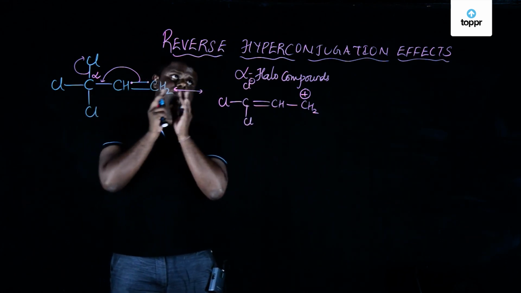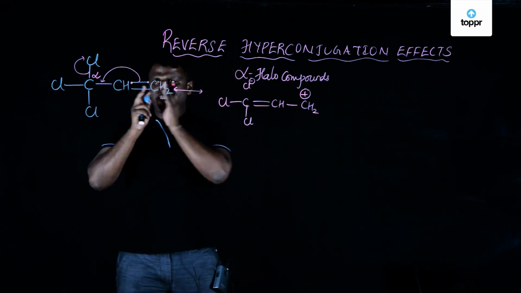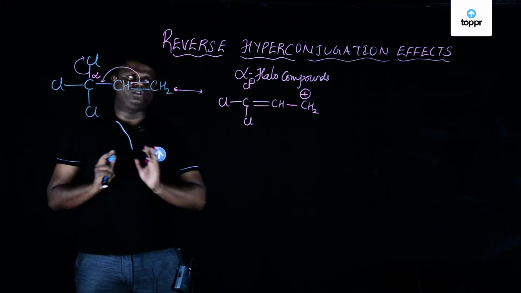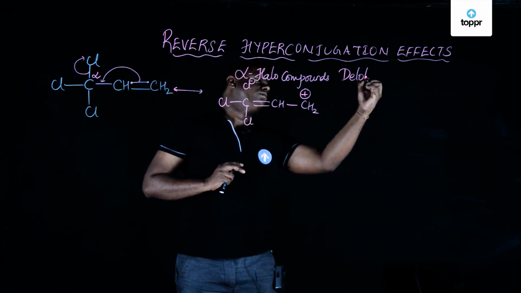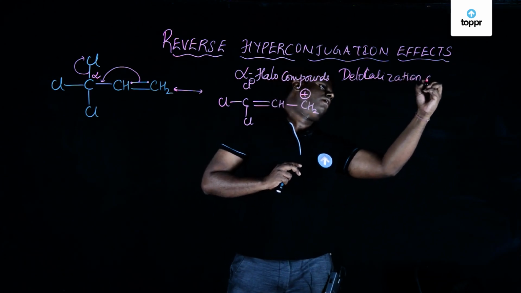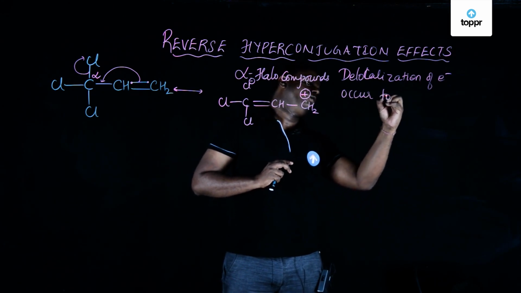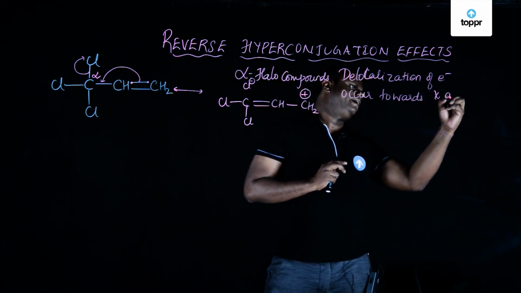This is basically what you call reverse hyperconjugation, when the delocalization of electrons occurs towards the halogen atom. So the delocalization of electrons occurs towards the X atom.